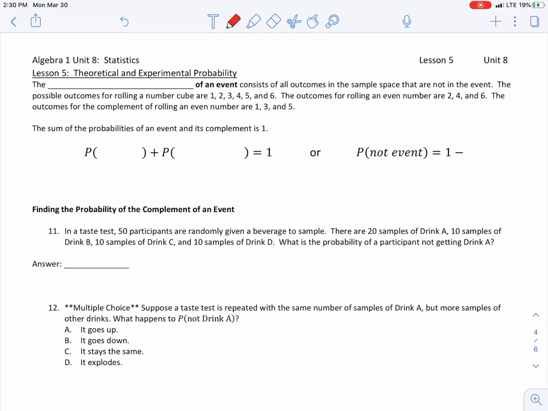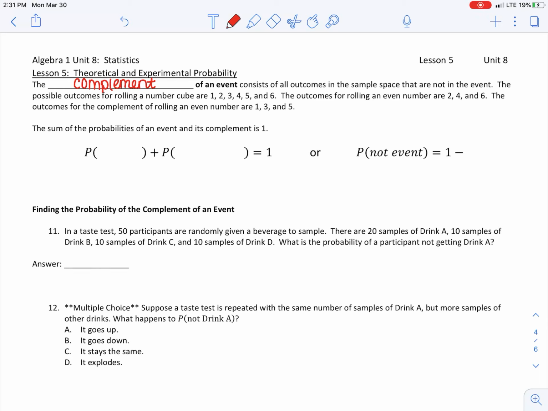So the blank of an event, that would be the complement of an event. It consists of all outcomes in the sample space that are not in the event. So basically what that's saying is if I wanted the probability of not rolling an even number on a 6-sided die, that would be saying I want to know the probability of rolling an odd number instead.